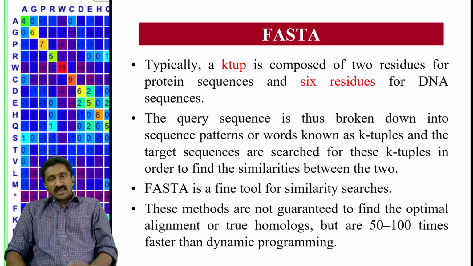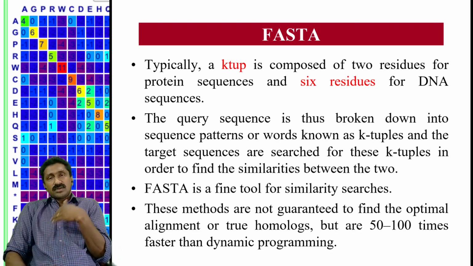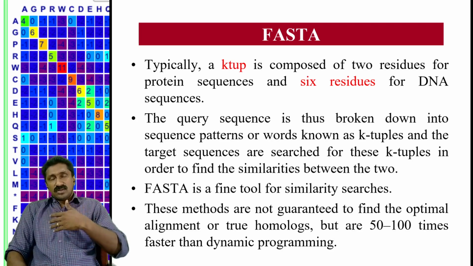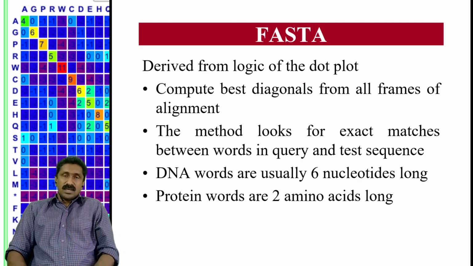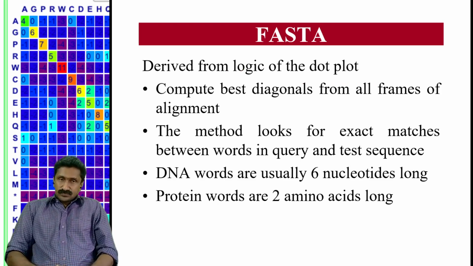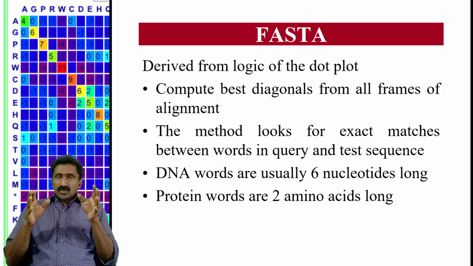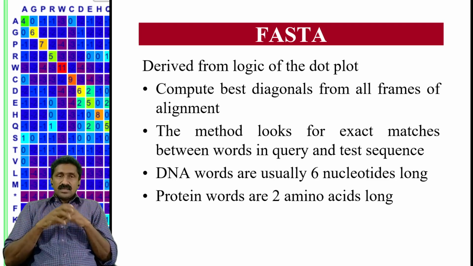That's why we can depend on fast algorithms like FASTA or BLAST, because they make your query 50 to 100 times faster than normal dynamic programming, where every possible base or protein residue is compared against the second string. This is derived from the logic of the dot plot. We will see how it is done.